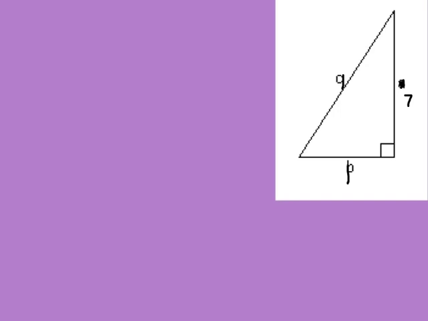Alright, practice problem B says find side P, and we have the hypotenuse in this situation is 9, and then the two legs, one is 7 and one is P, what we're looking for. So we can start out with 9 squared equals 7 squared plus P squared.